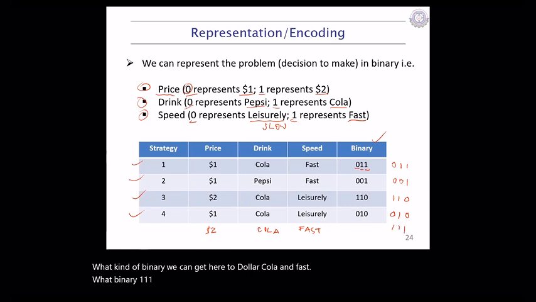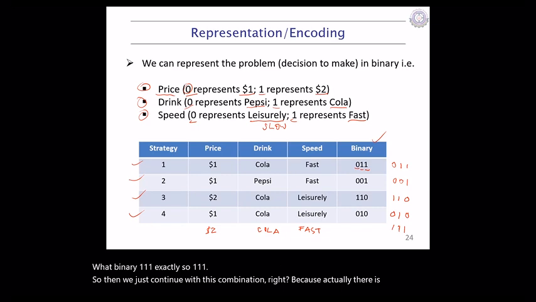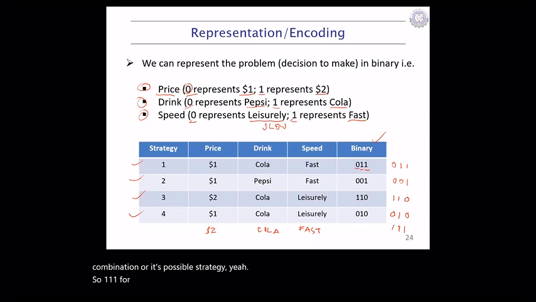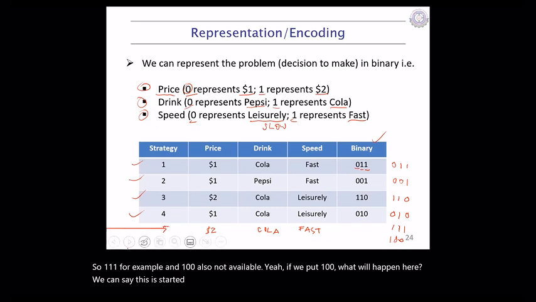Yes, exactly. So 111. Then we just continue with this combination, because actually there are 8 possible combinations, or 8 possible strategies. So 111, for example, and 100 is also not available. If we put 100, what will happen here? We can say this is strategy 5.